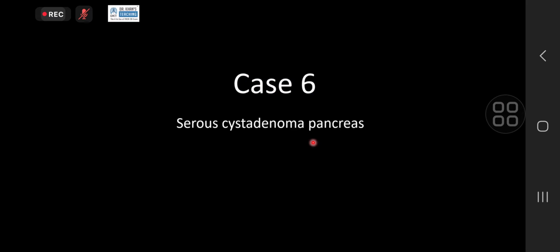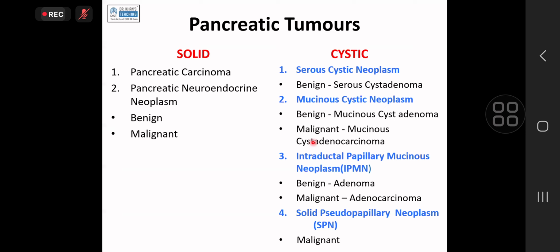This is a serous cyst adenoma of the pancreas. In pancreatic tumors, you can have solid tumors and cystic tumors. So we are not discussing solid tumors here. We are just discussing the cystic tumors.